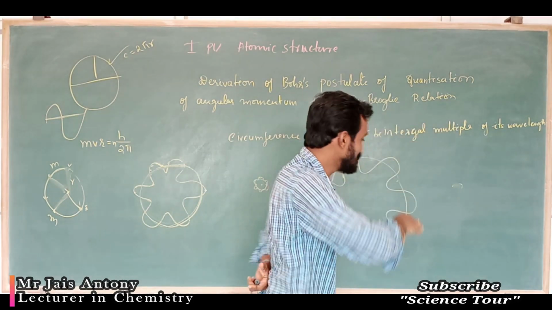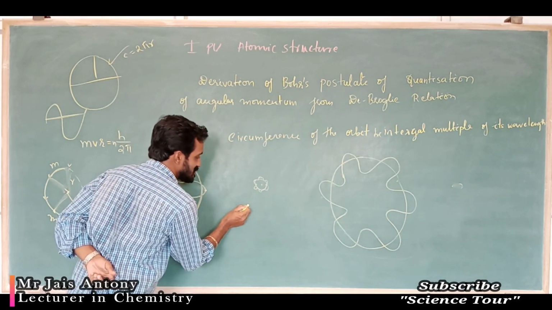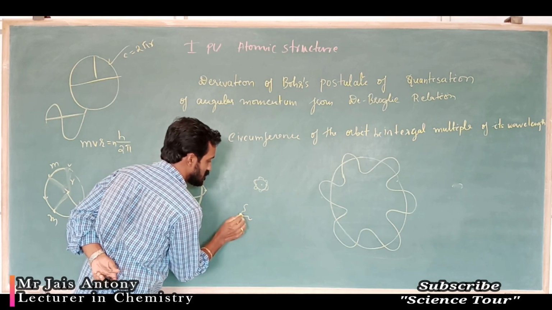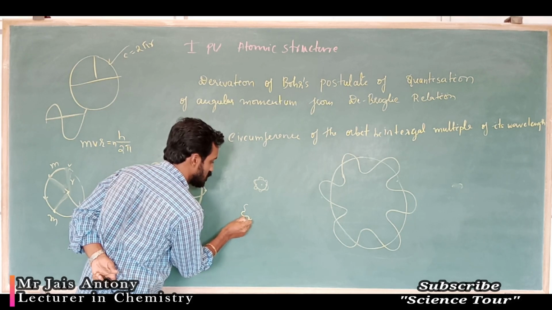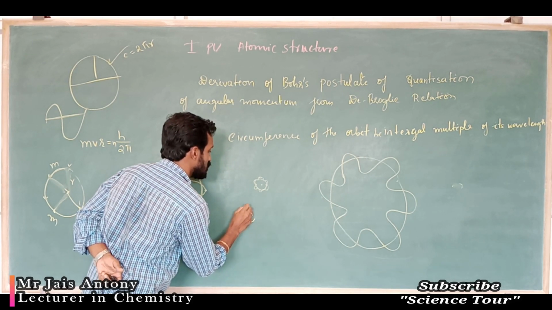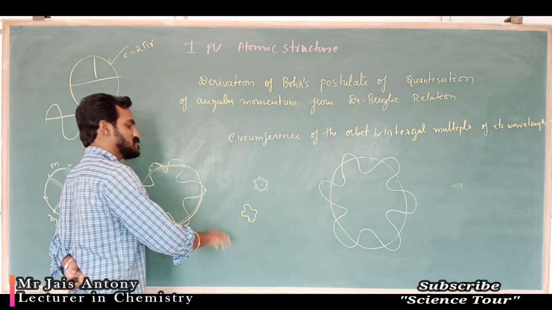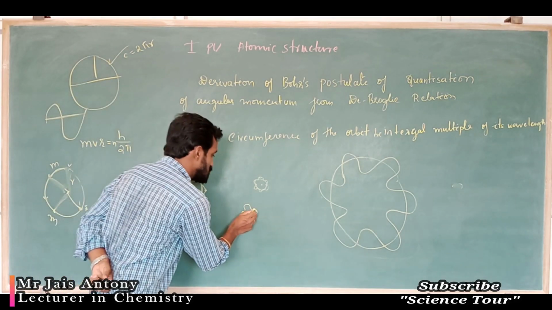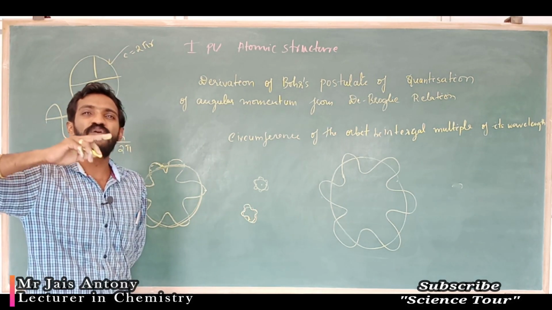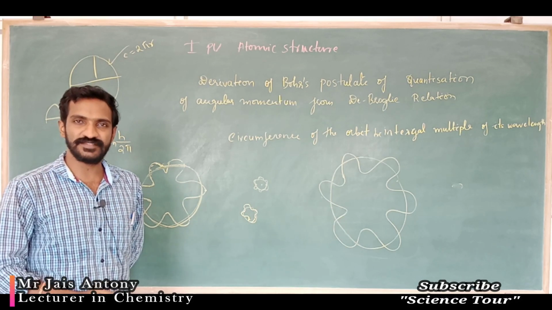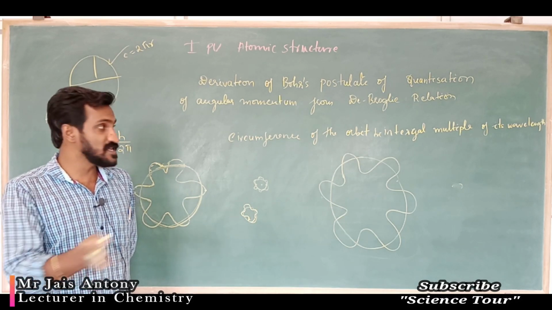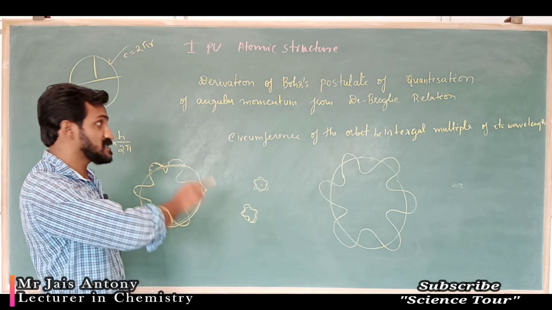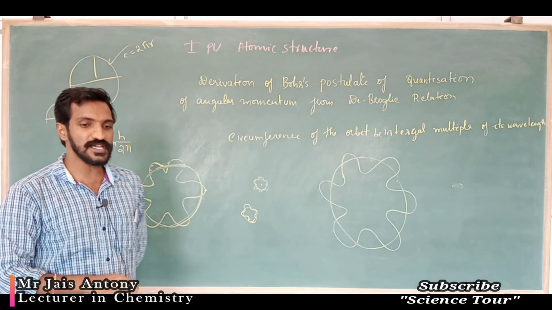Don't imagine, say only 3 waves are there: 1, 2, 3, 4 waves. Okay, 4 waves. If 4 waves are there, it forms a small circle. It's nothing but a small circumference. So the circumference increases with the increase in wavelength. So circumference is the total space in a circle. Understood? The total space in that particular circle.